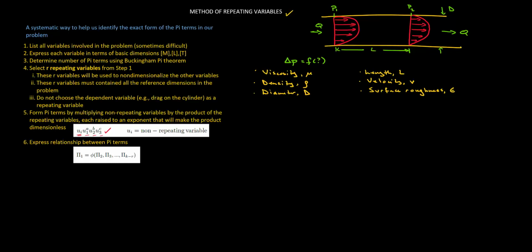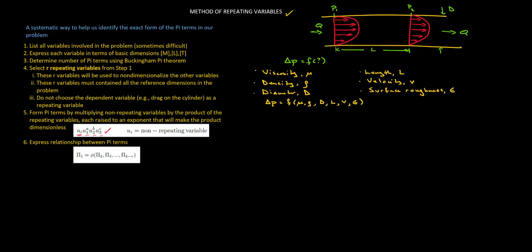Okay, so with all of this, what we can say is that the pressure drop, delta P, is some function of the density, the viscosity, the diameter, the length, the velocity, and the surface roughness.